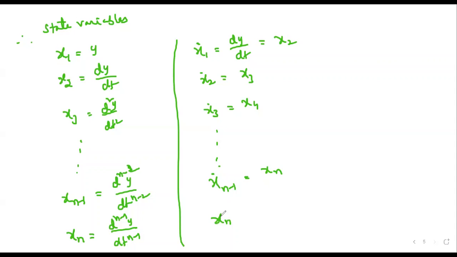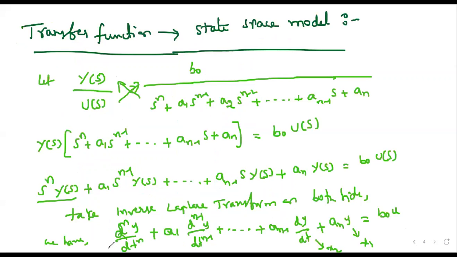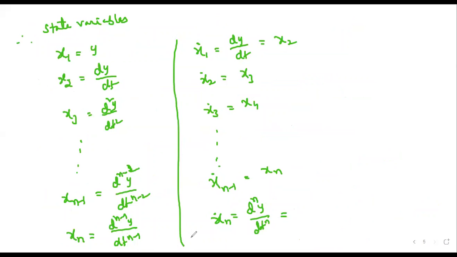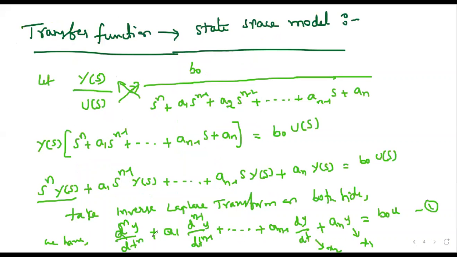And what is xn dot? xn dot is equal to d power n y by dt power n. Correct? This is equal to, from the first equation, we should transfer all the terms to the right side. Correct?